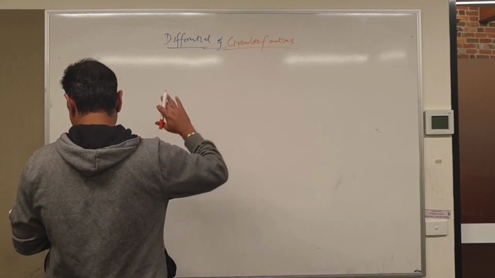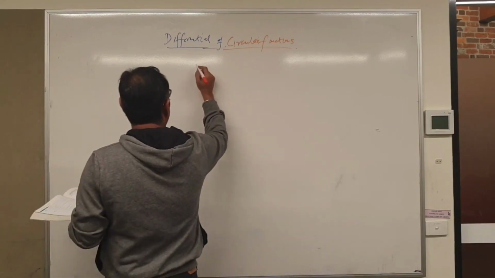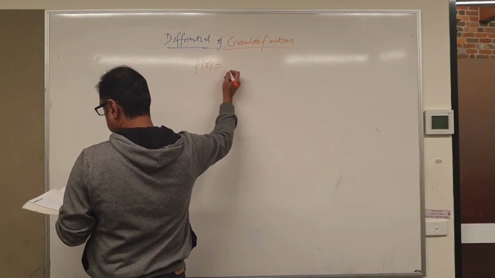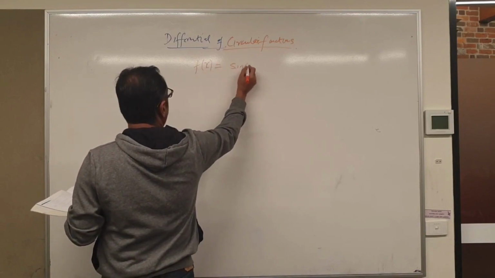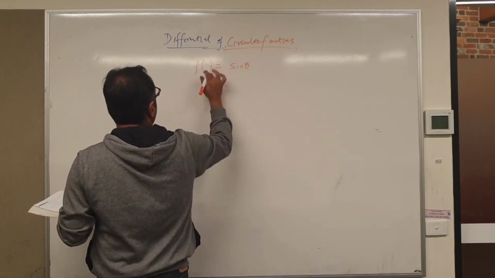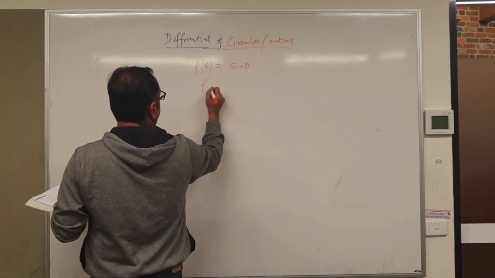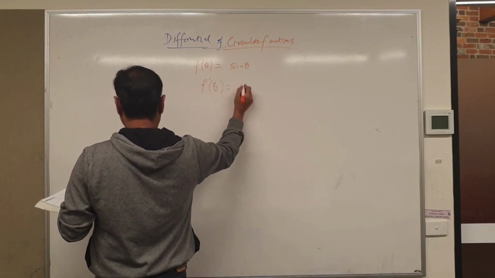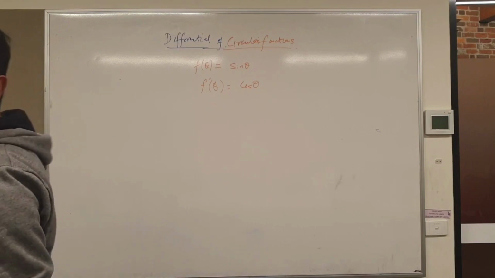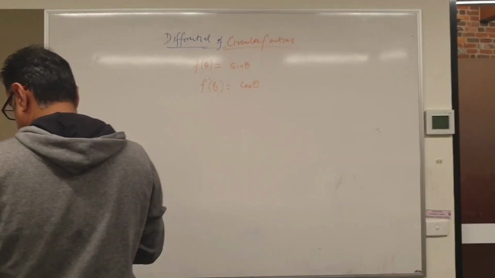I'll give you the formula straight away. If your f of theta is sine theta, then your f dash theta is cos theta. We can prove this using first principles, but I'm not getting into it.